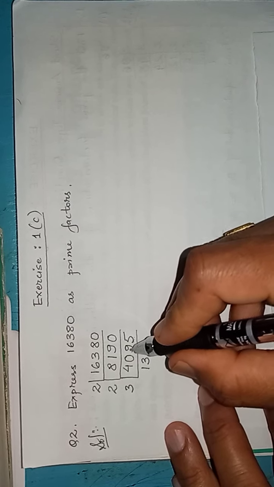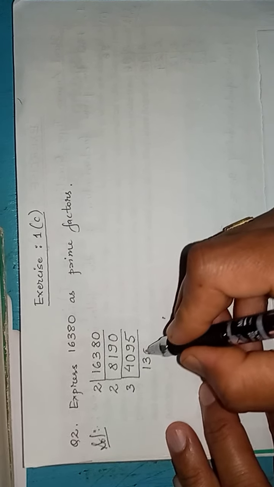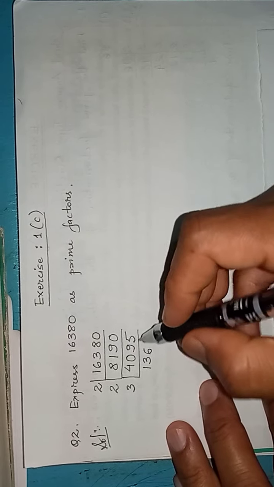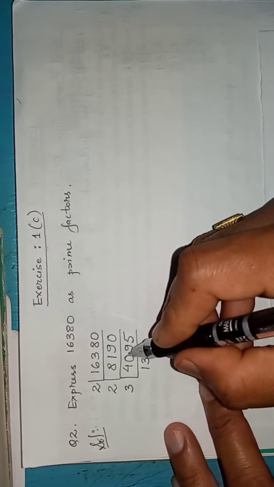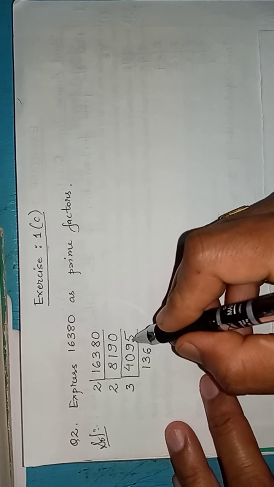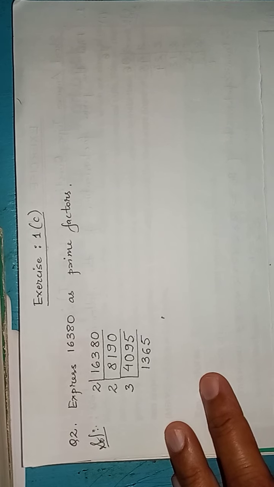Now that 1 goes and joins with 9 to become 19. Again in the table of 3, 3 6s are 18, because it should be less than or equal to 19. 18 is less than 19. So 3 6s are 18. 19 minus 18 is 1. That 1 goes and joins with 5, the 1 and 5 make 15. And 3 5s are 15. So in this way we have divided by 3.